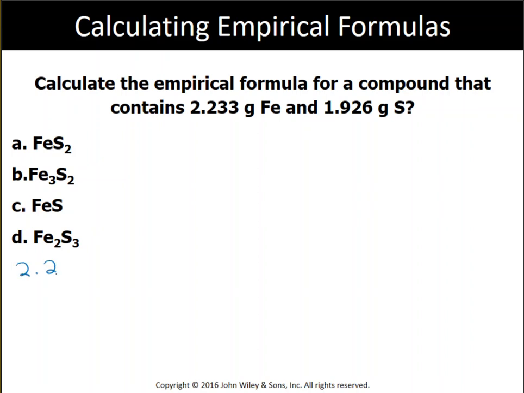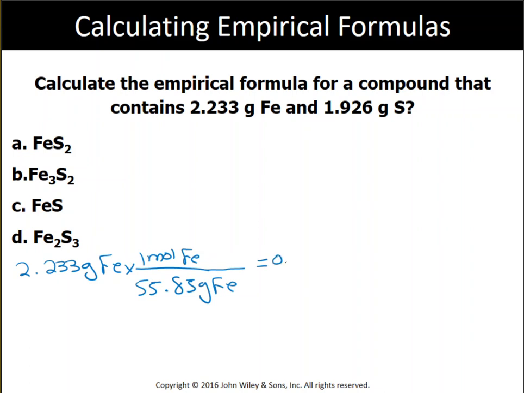So 2.233 grams of iron. And we know that each mole of iron is 55.85 grams of iron, which gives us 0.03998 moles of iron.